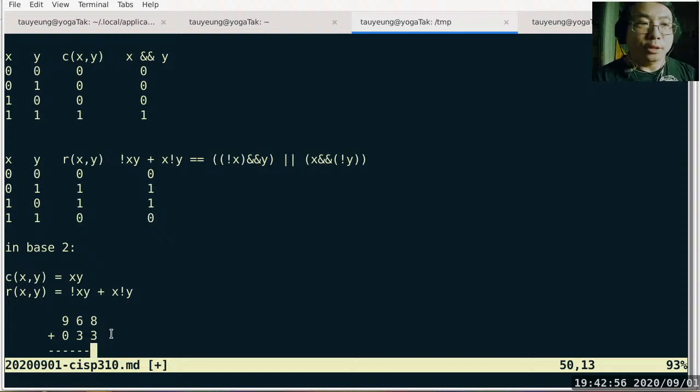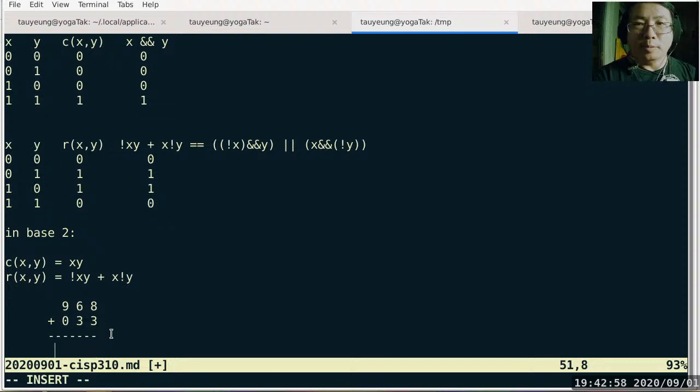So how do we do this? Most people will start with the least significant digit, which is correct. 8 plus 3 is a 1, but then we have a carry to the next digit. So we have 6 plus 3 plus the extra 1 as a carry. That ends up as a 0, but it also has a carry to the next one.